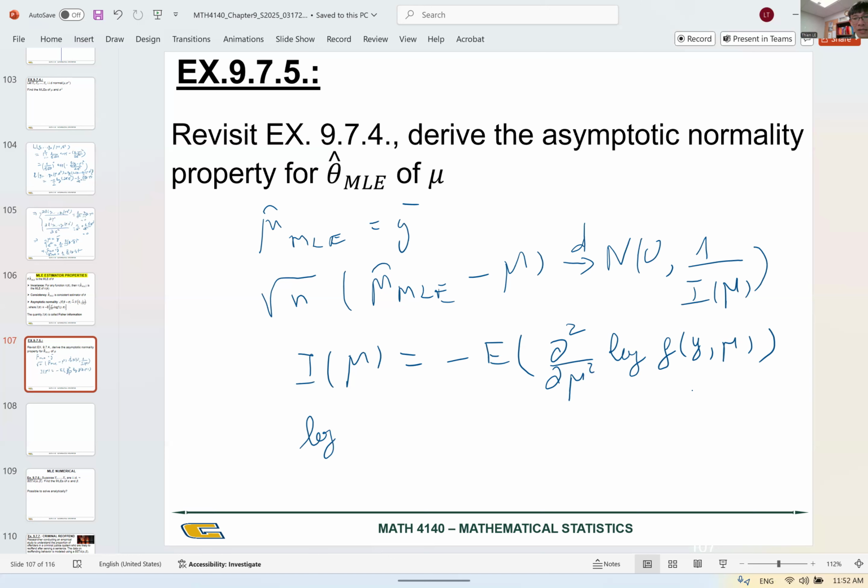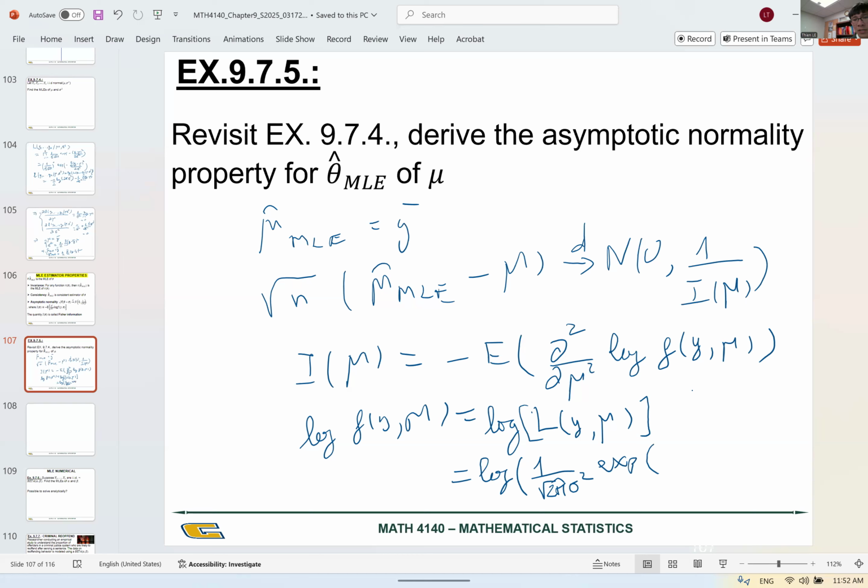So the log of f(y; mu) for a normal is the log of L(y; mu), the likelihood function, which is the log of 1 over the square root of 2 pi sigma squared, minus (y minus mu) squared over 2 sigma squared.